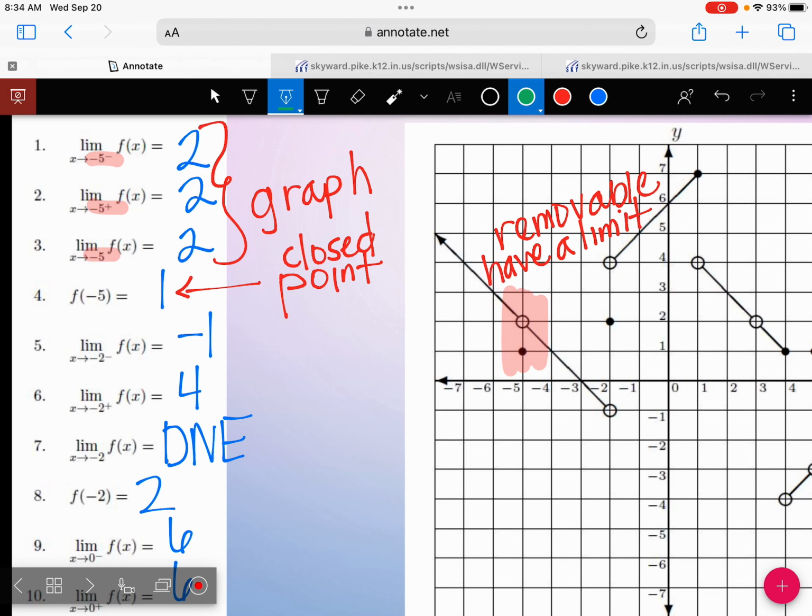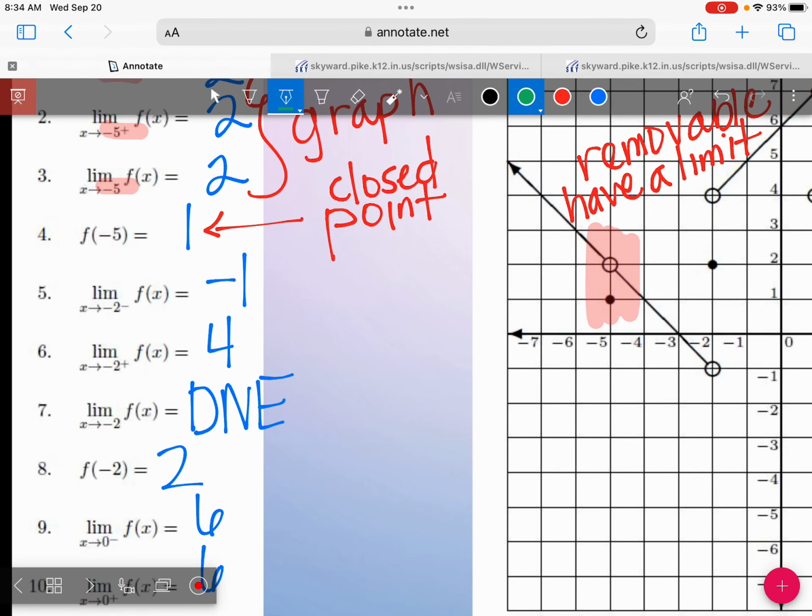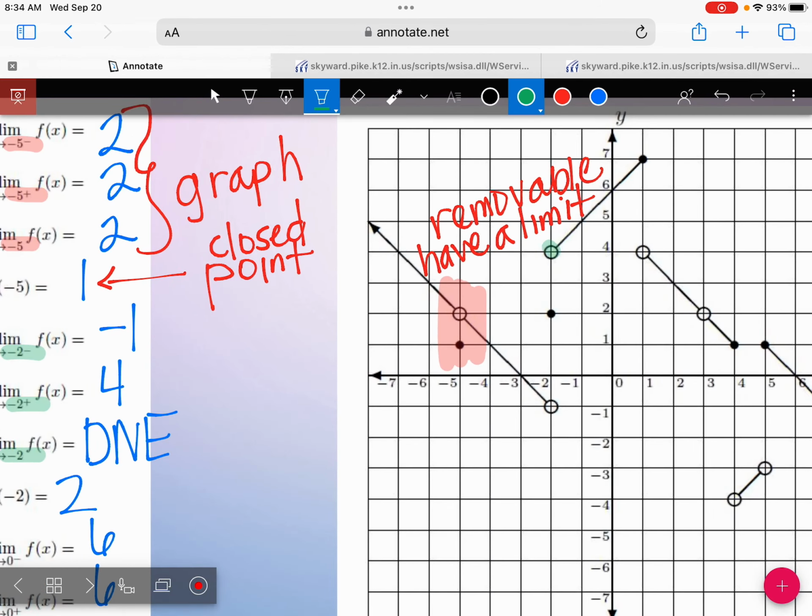When we look at 5, 6, 7, because they all kind of go together, now when I look here, do you agree that right here, where I highlighted in green, that is a jump?